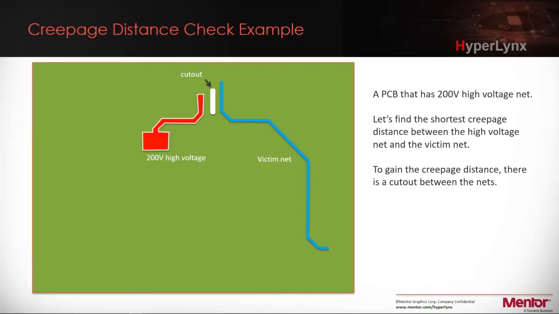The red highlighted net is a 200-volt high voltage net, and the blue net is a victim net on my design. The two nets are isolated with a cutout in between. The required minimum creepage distance is 4 millimeters in a pollution degree 2 environment with reinforced isolation.